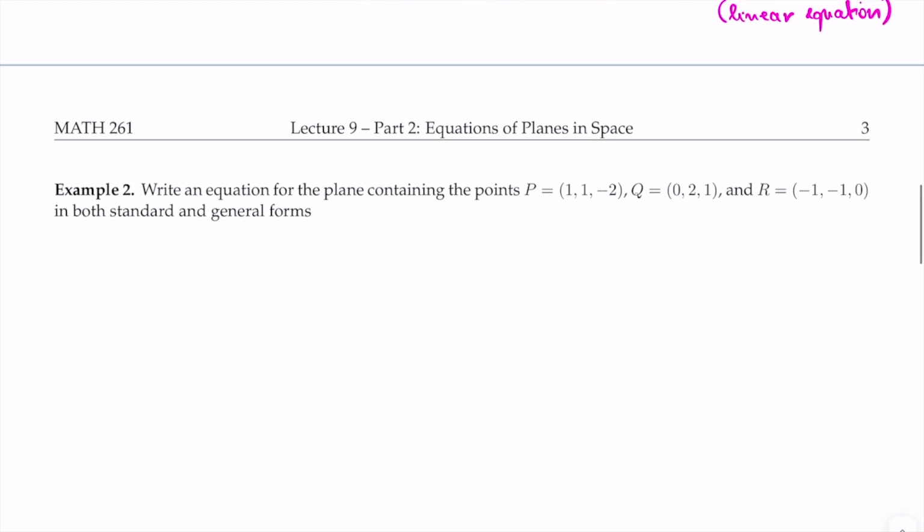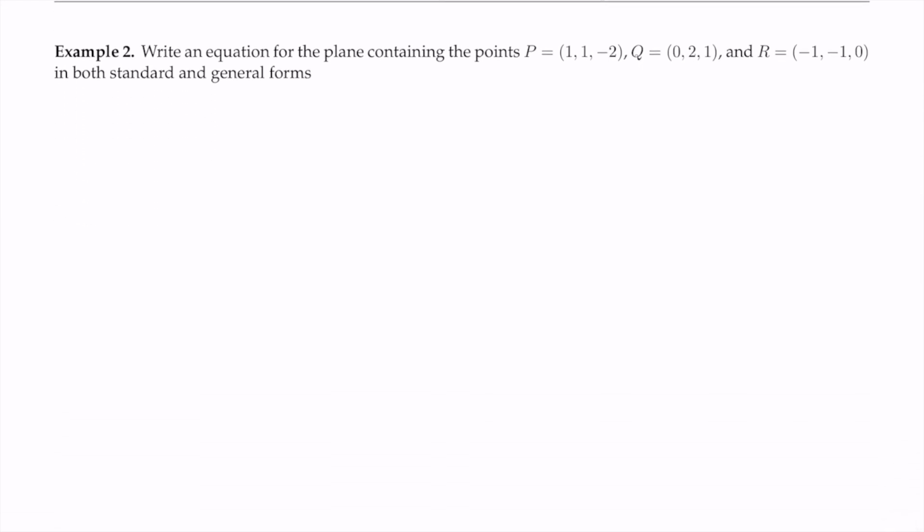Now in the next example, you are given 3 different points, and these 3 different points are non-collinear. These 3 points are not on the same line. Now to find the equation of the plane containing 3 points P, Q, and R, what you do is that we first form the 2 vectors PQ and PR, and then you can calculate the normal vector of the plane from these 2 vectors using the cross product, because the cross product will produce a vector that is orthogonal to both PQ and PR.